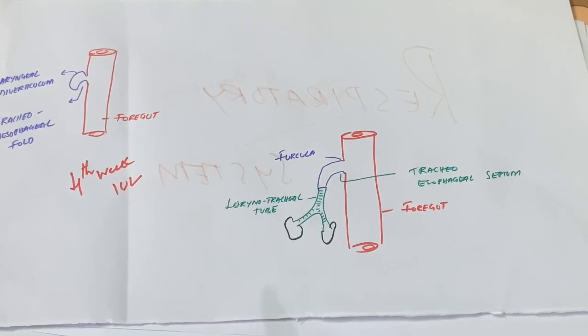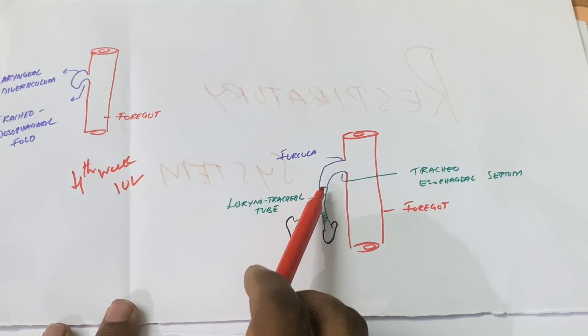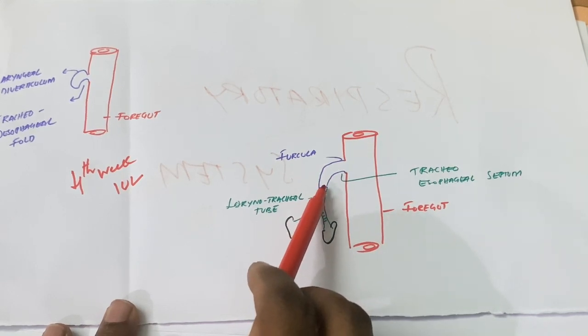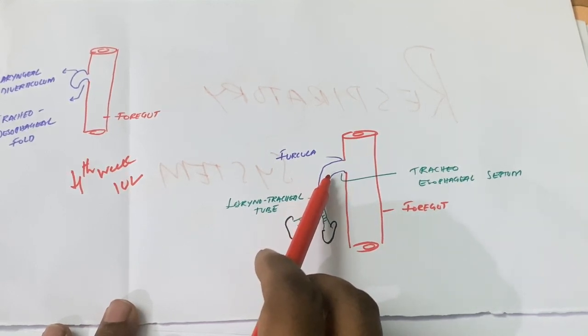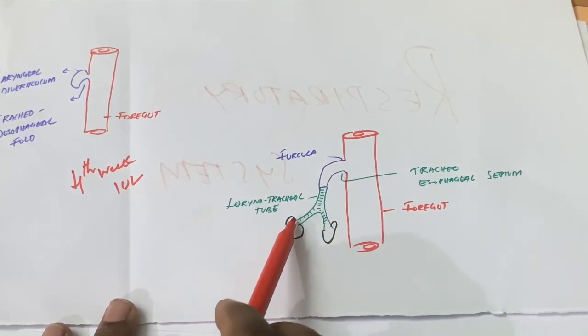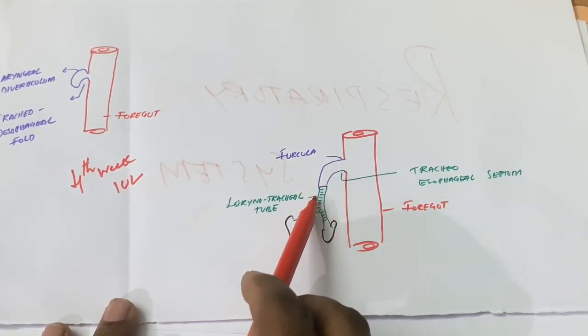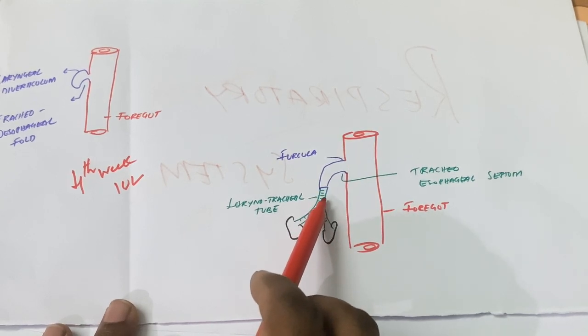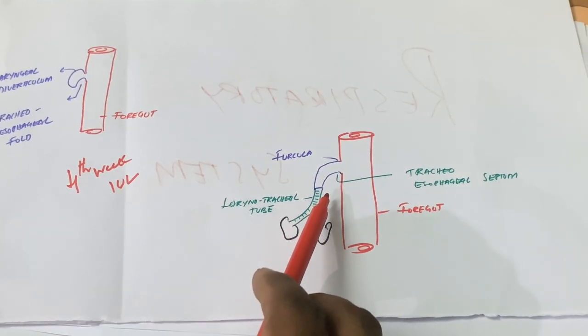The trachea develops from the intermediate part of the laryngotracheal tube. If this is the laryngotracheal tube, the upper part will give rise to the larynx. The lower part, you can see, gives the bronchi and the lung tissue. The intermediate part of this laryngotracheal tube will give rise to the trachea.